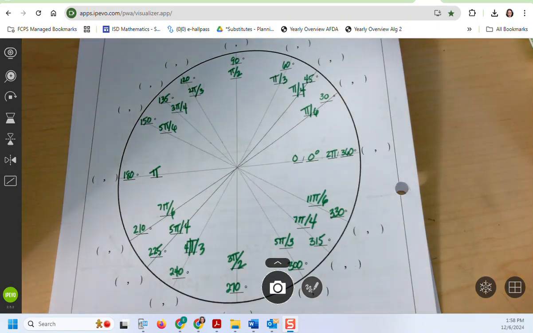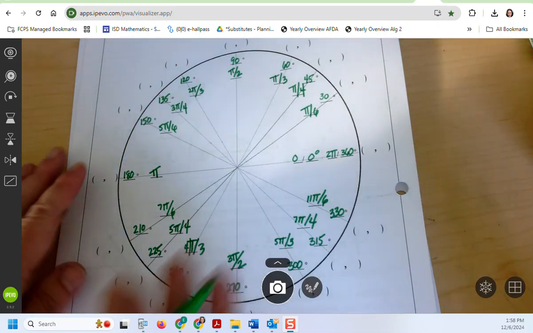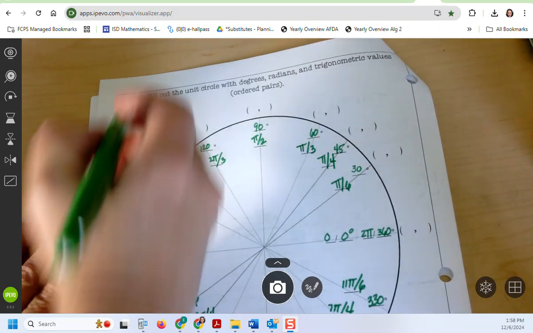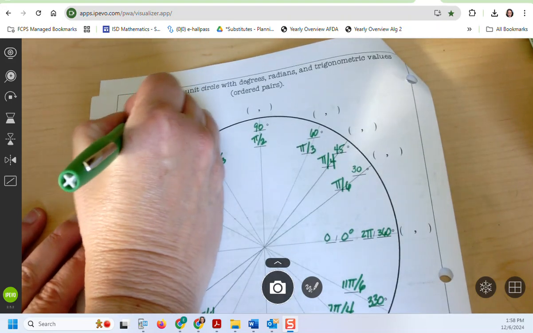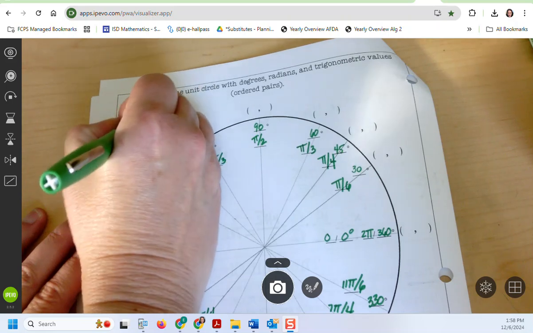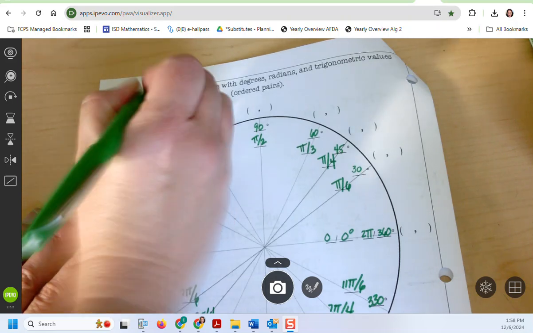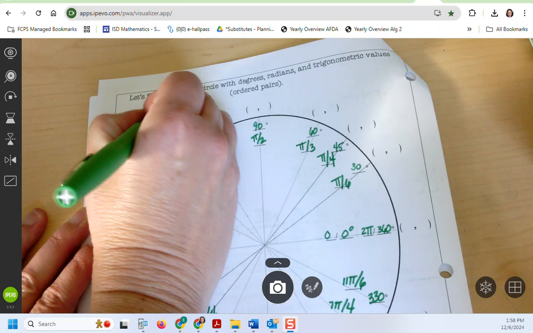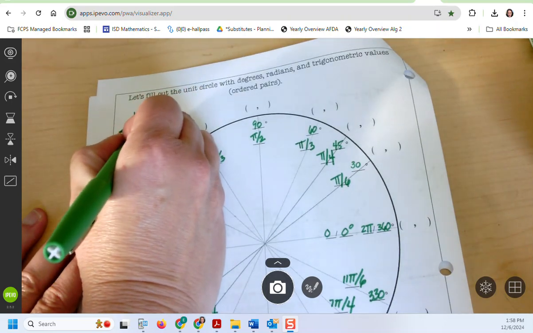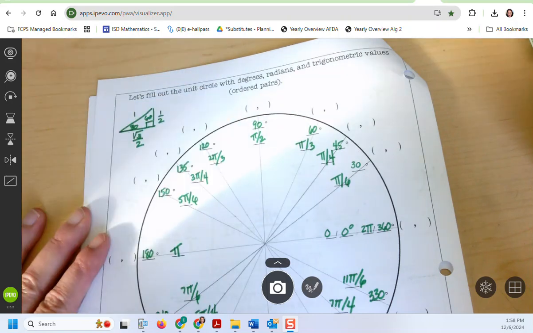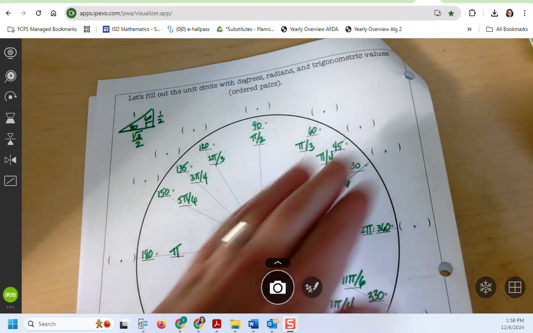I'm going to write our new triangles on the notes, so I'm going to write them up here. So we have our 30, 60, 90 triangle, and the sides are 1/2, 1, and root 3 over 2. And then I have my 45, 45, 90 triangle.